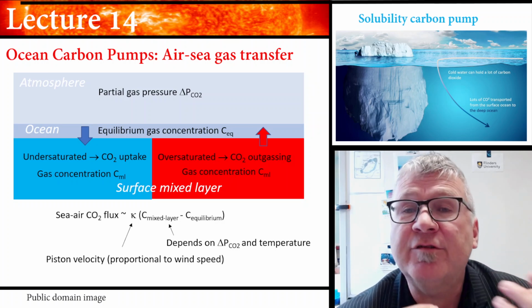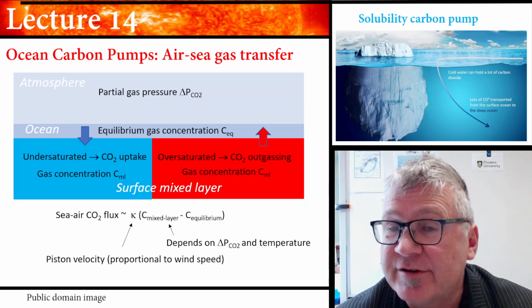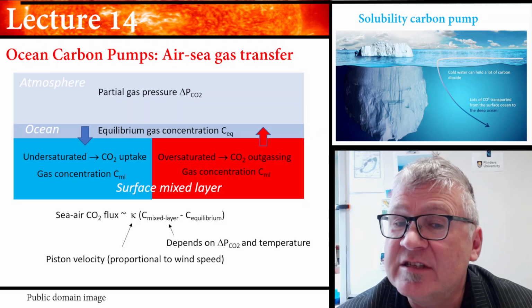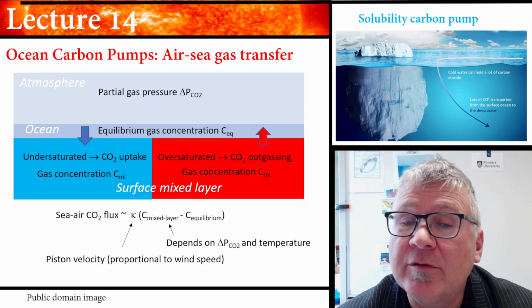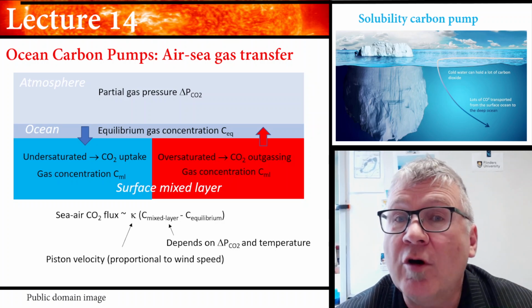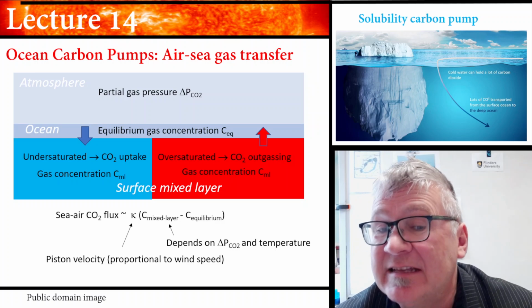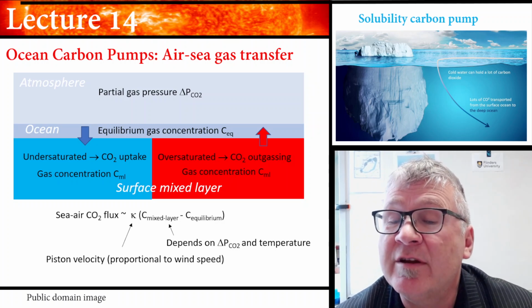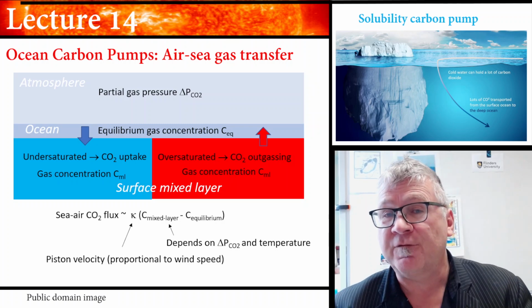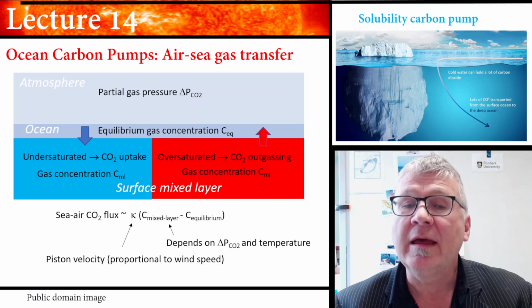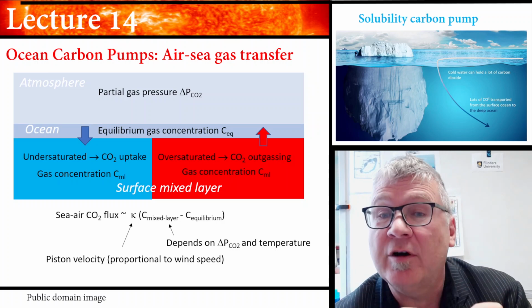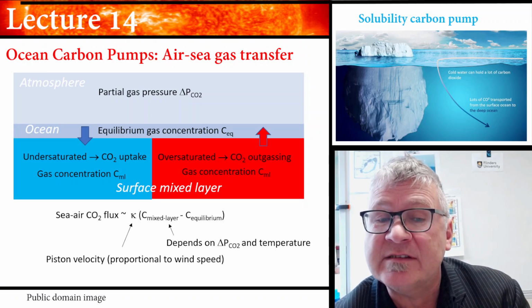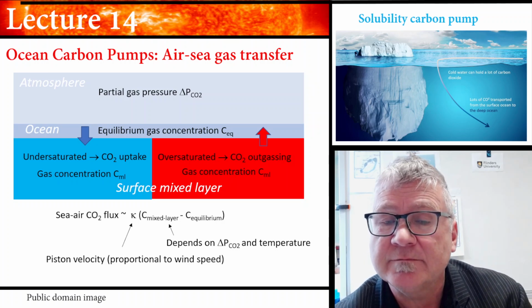So if you have a surface mixed layer of the ocean which is undersaturated, where the concentration is below the equilibrium concentration, you get an uptake of CO2. If it's oversaturated, if it exceeds the equilibrium gas concentration, you get an outgassing, which is a flux of CO2 from the ocean into the atmosphere. And it's the temperature of the surface mixed layer that controls this equilibrium gas concentration.